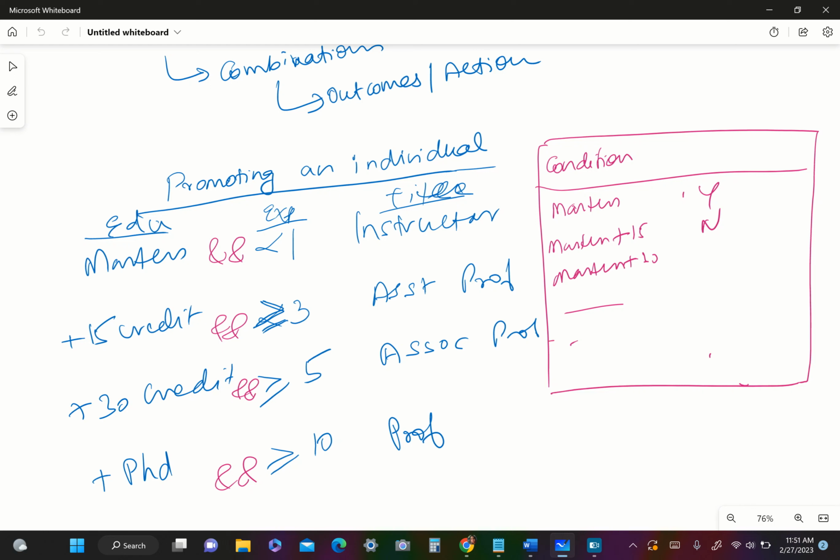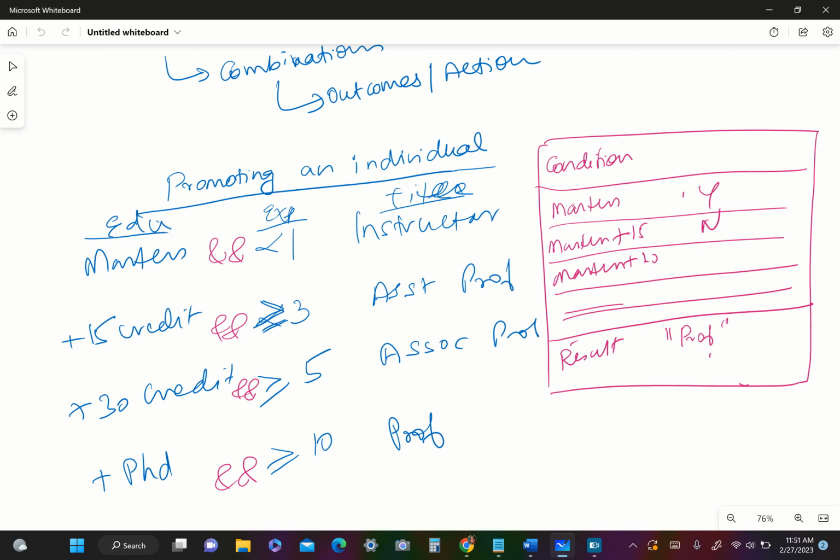So the outcome, the result, will tell you the role that they are going to be promoted to, okay, professor or whatever it is. So you will have multiple rows like this that say for each condition whether they met the condition or not.